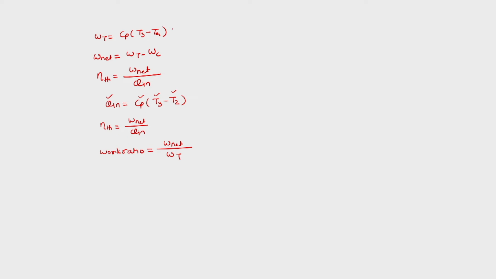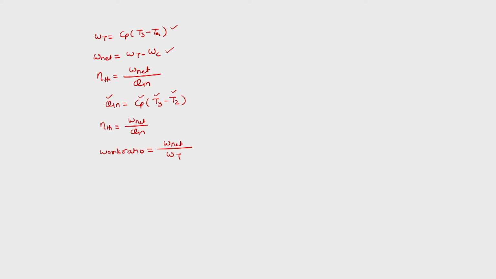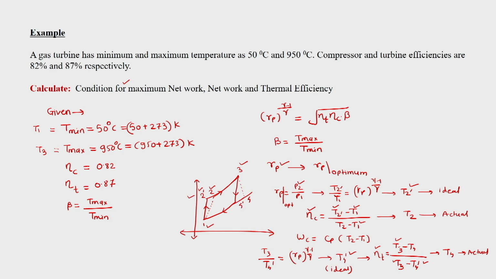So, turbine work is found out, W net is found out, so we can find out work ratio. We had seen long back in one of the classes the usefulness of work ratio. We know that work ratio has to be closer to 1. Higher the work ratio, it is good. The plant is less sensitive to the component efficiencies. We have seen that. So, this is done for this example.